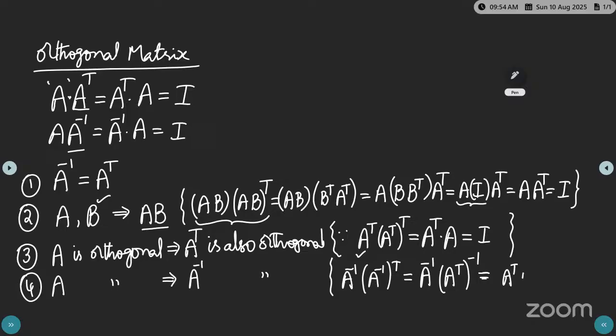A transpose into A whole inverse equal to I inverse equals to I. Clear? So therefore what you can say? A inverse is also orthogonal. Note down: A inverse is also orthogonal.